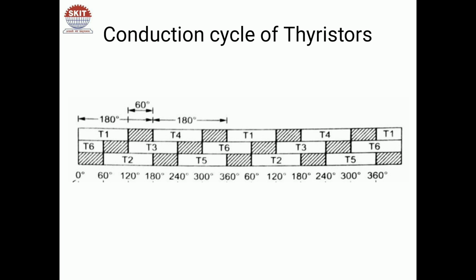Now in leg B, T3 and T6 will be conducting. SCR T3 will conduct after 120 degrees of leg A, because phase A and phase B must have a 120-degree phase difference.